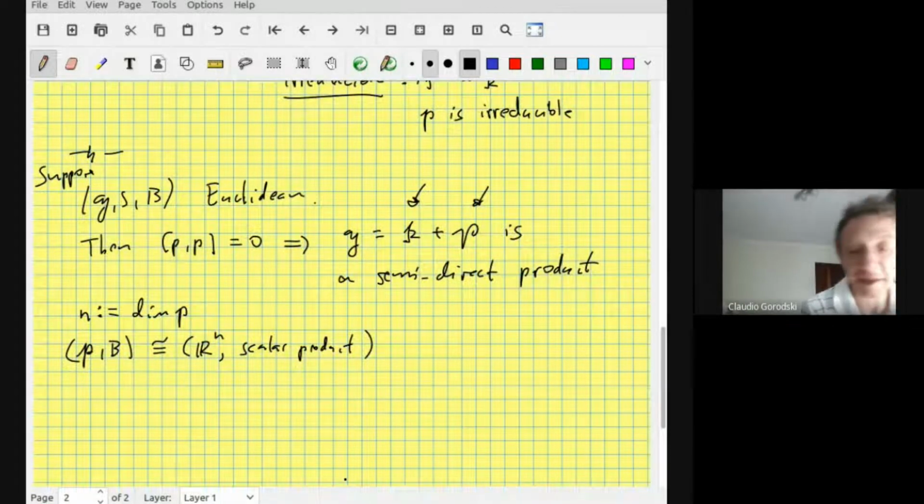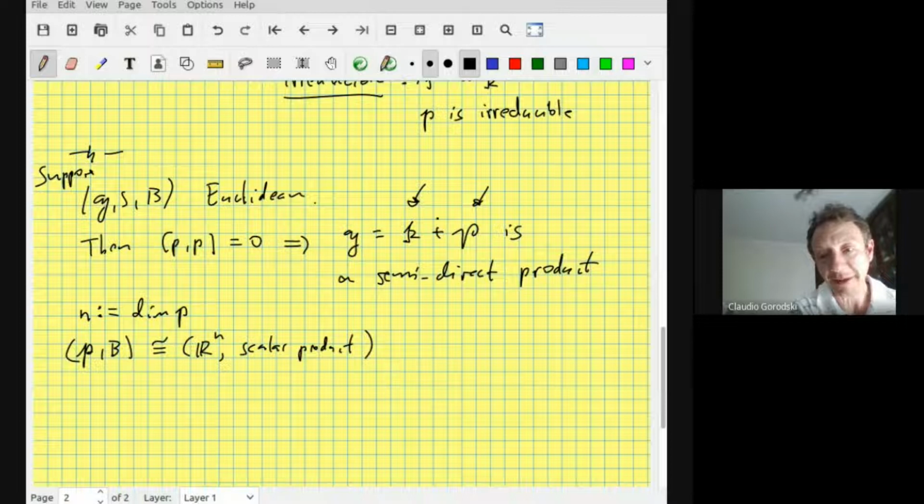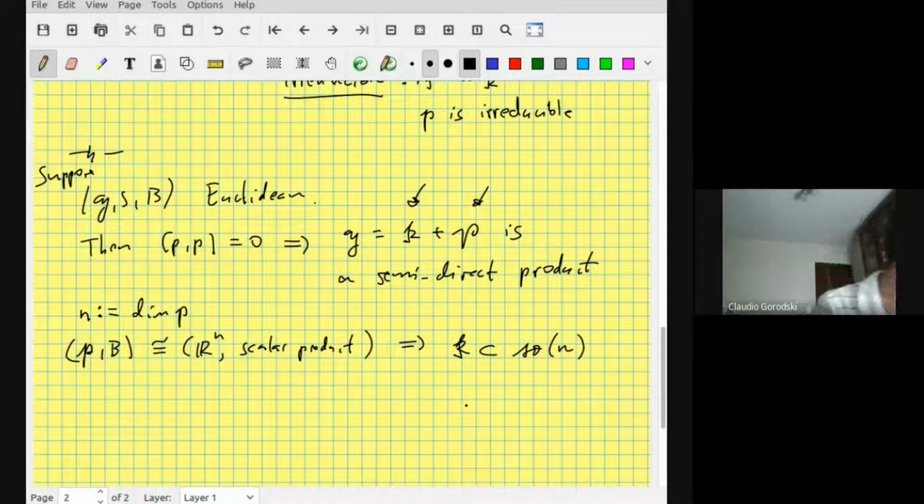And then, since K is acting on P preserving B, and the action is effective also, we can view K as a subalgebra of so(m).